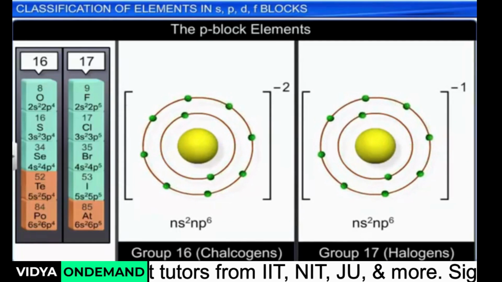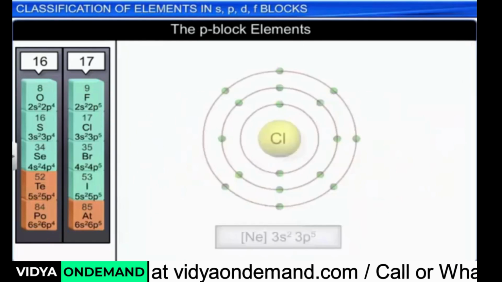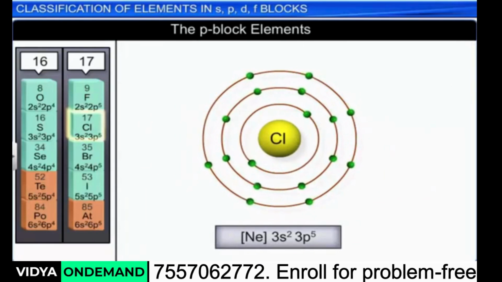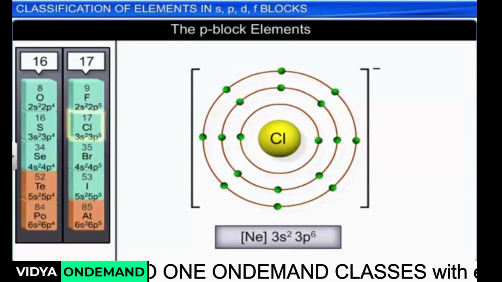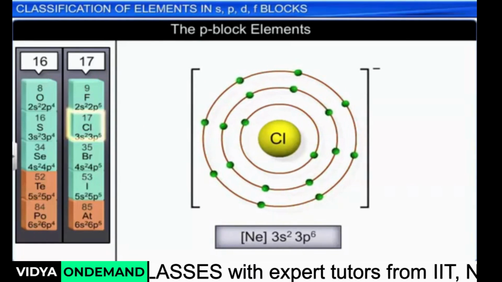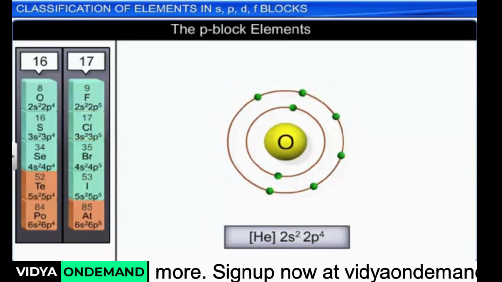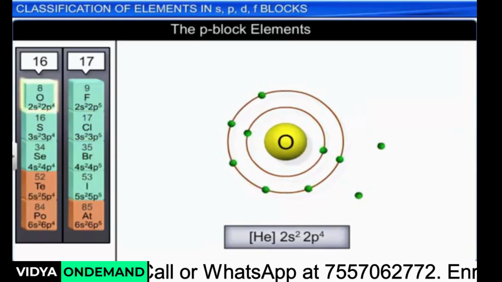For example, chlorine, belonging to the halogen family, readily accepts 1 electron to attain the nearest inert gas configuration of argon. On the other hand, oxygen belonging to the chalcogen family needs to accept 2 electrons to attain the inert gas configuration of neon.